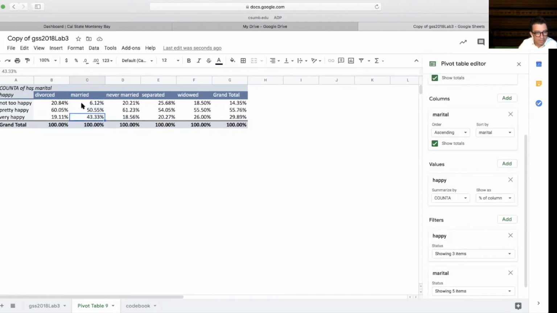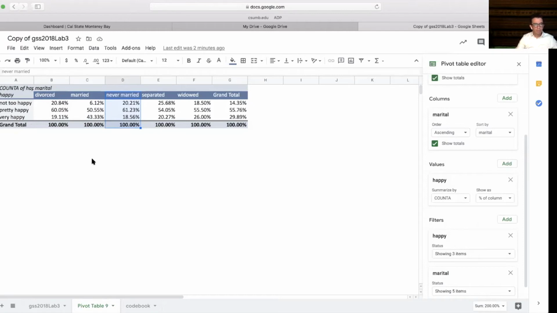Now let's compare that to those who are never married. Out of those who are never married, 20% said they were not too happy, 61% said they are pretty happy, and 18% said they are very happy. Now, what does this mean?